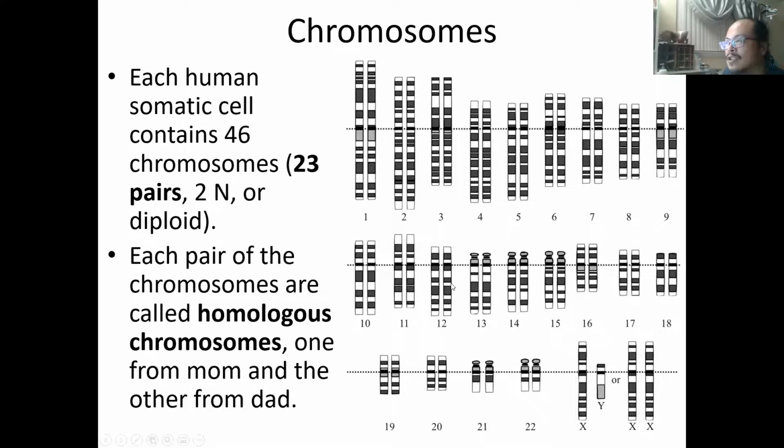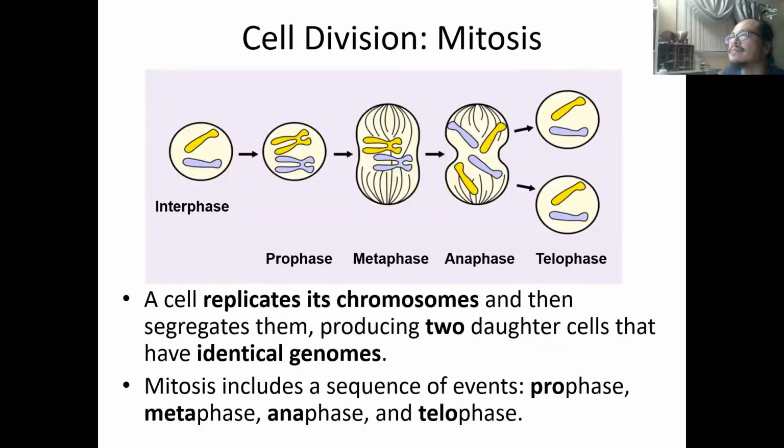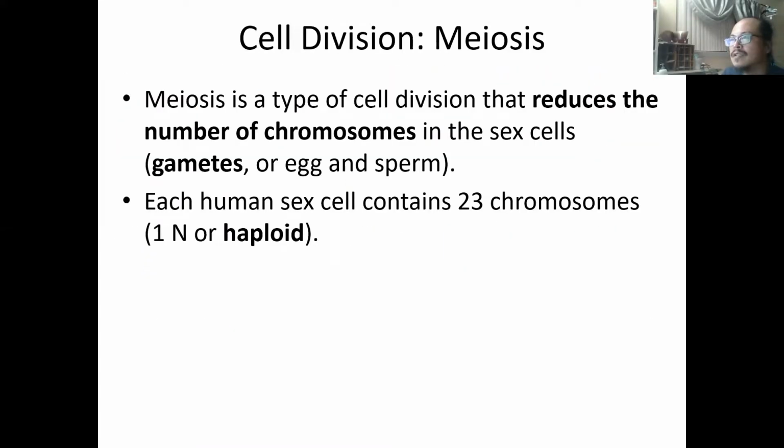That division is called meiosis. So meiosis is a unique process to produce half the number of chromosomes in the sex cells.